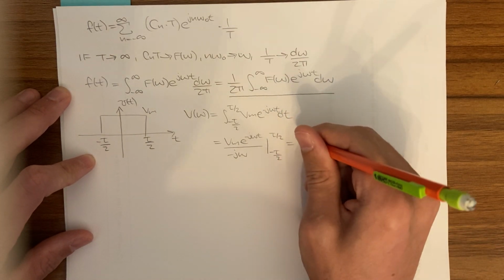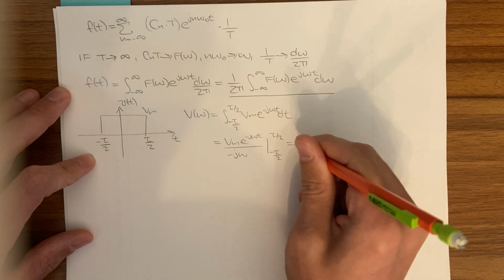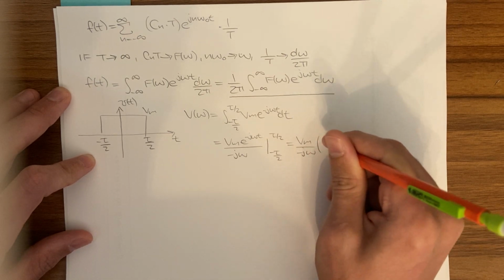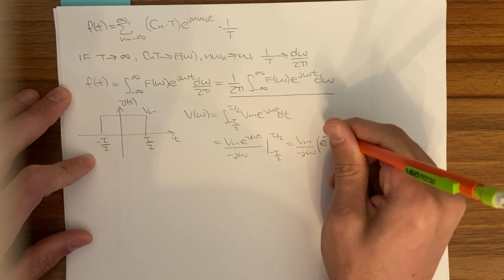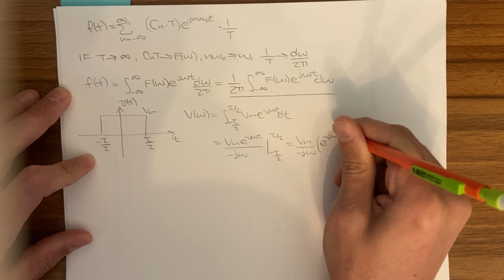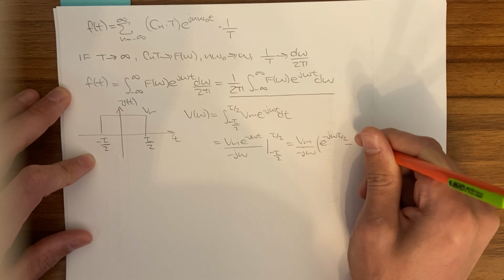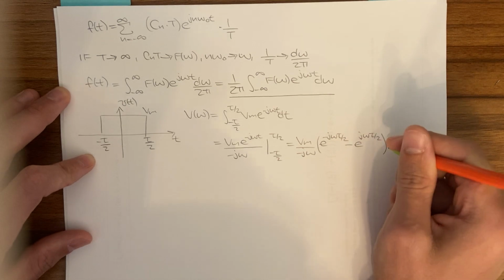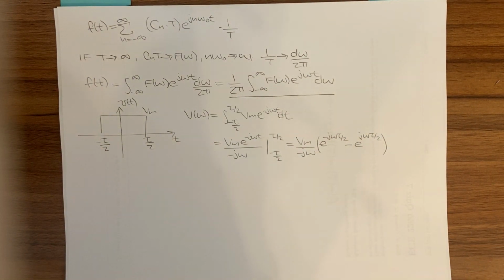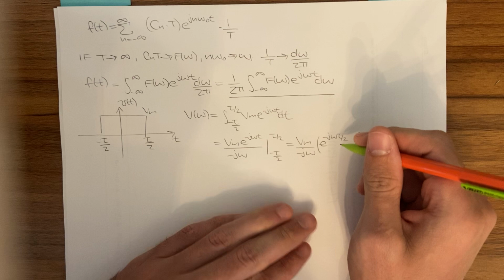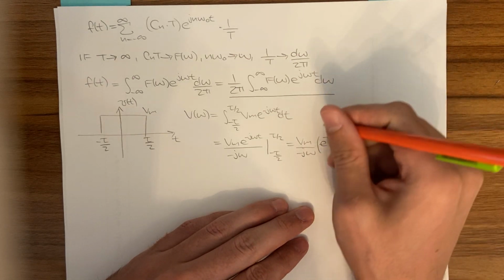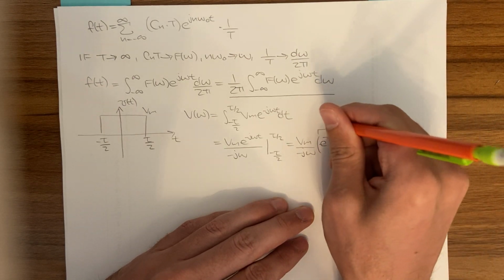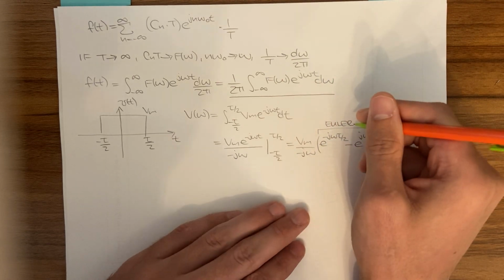Then we've still got Vm over minus j omega. Now we've got e to the minus j omega tau over 2 minus e to the j omega tau over 2. Now this form should look somewhat familiar. It looks like a sine, going back to the Euler definition of sine. You can look that up.